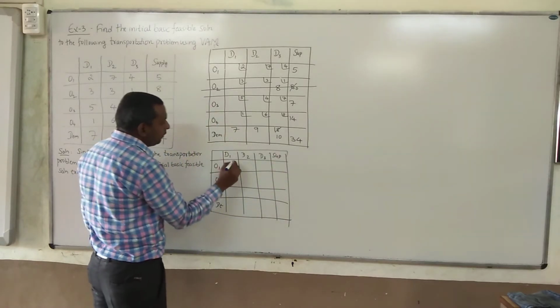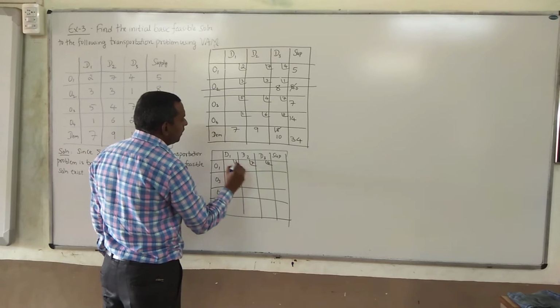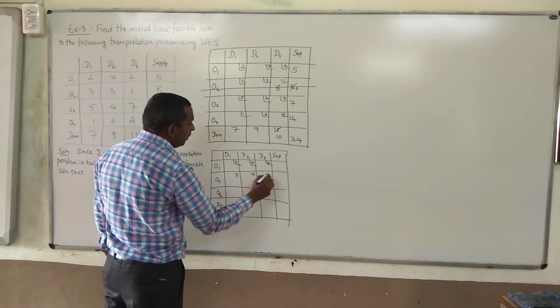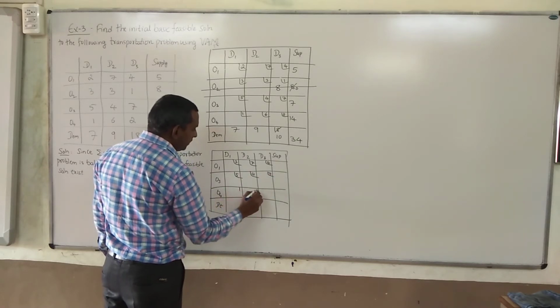Let me write the values: 2, 7, 4, followed by 5, 4, 7, and 1, 6, 2.